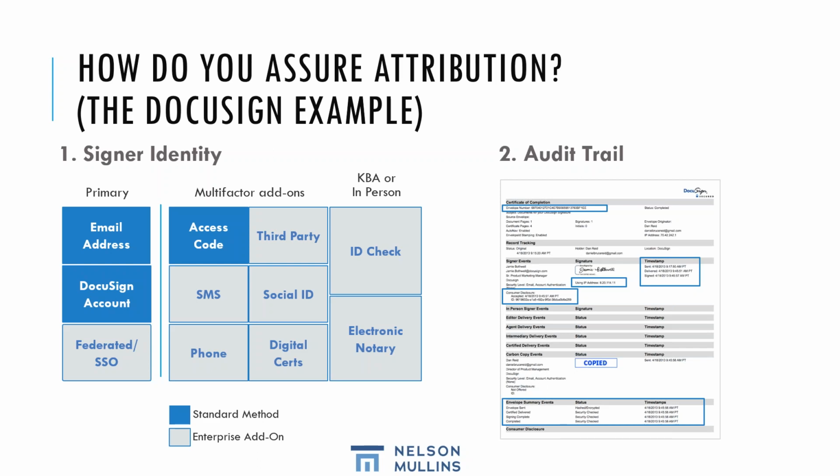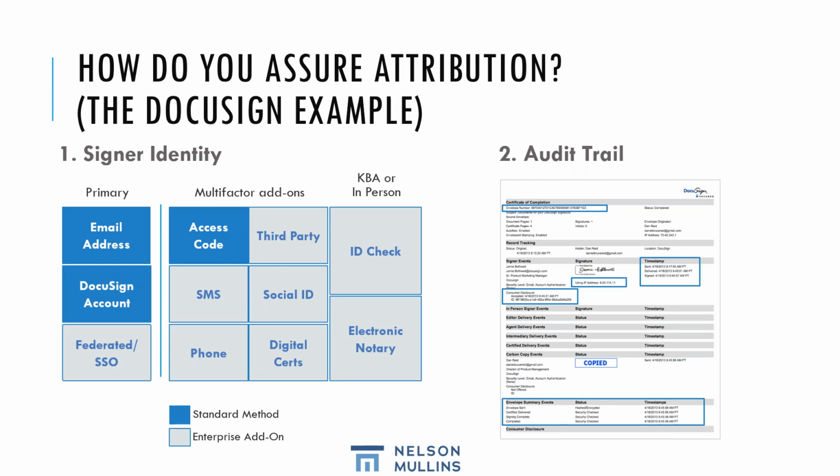The standard is use of an email address and then using some multi-factor add-on, meaning DocuSign is going to send the document to little Jimmy or little Susie at his or her email address, and then the banker is going to have to share an access code for that individual to then use to log in to electronically sign that document. As you can imagine, then that's only as good as the banker's access code and the record the banker keeps as to how he or she sent the access code to little Jimmy or little Susie.